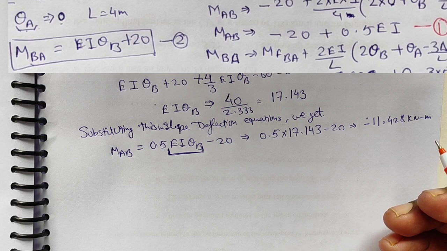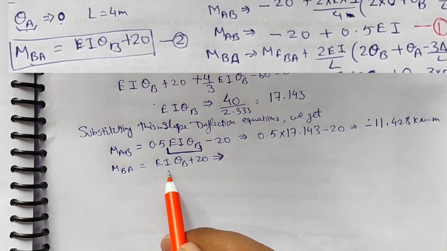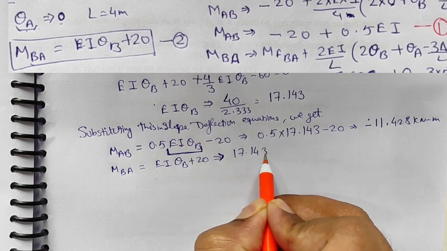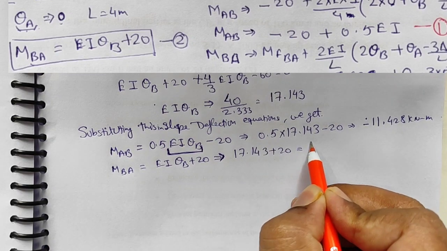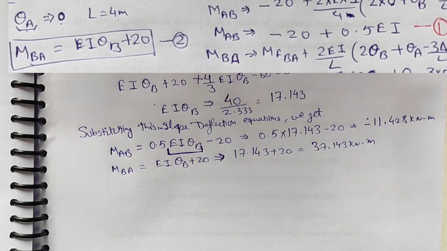Similarly, I will put all the values in equations 2, 3 and 4. The moment MBA is equal to EI theta B plus 20. Here I will put 17.143 plus 20, which will give me 37.143 kilonewton meter.